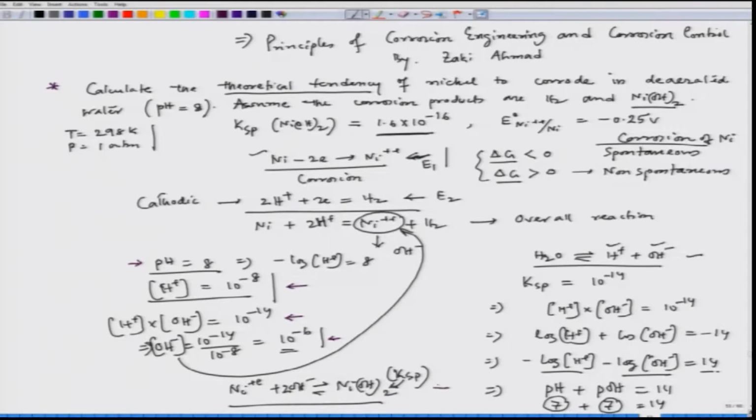And now, we have to look at this particular equation, which talks about the equilibrium between Ni++ and OH⁻, forming Ni(OH)2, and this Ni(OH)2 has got its own dissociation constant. So, we start from here.